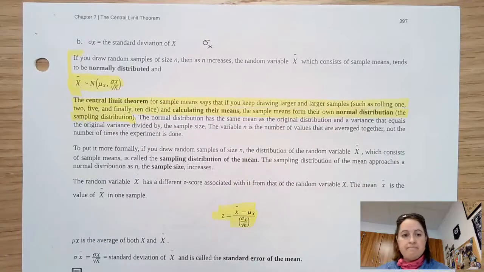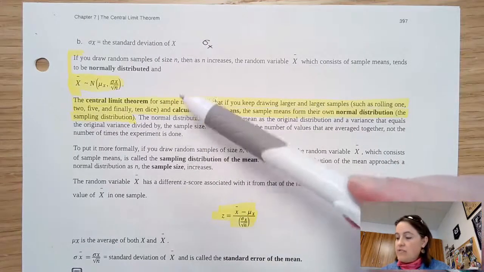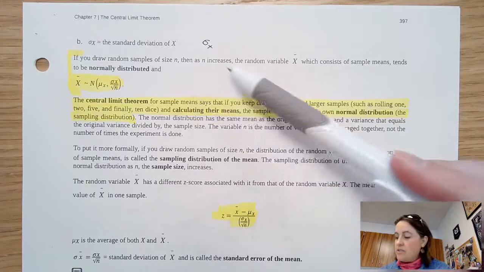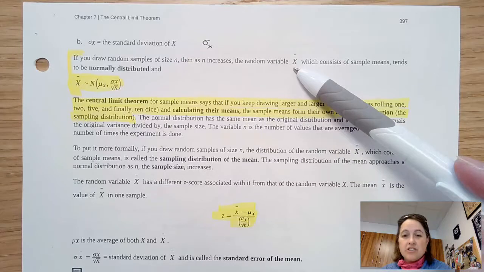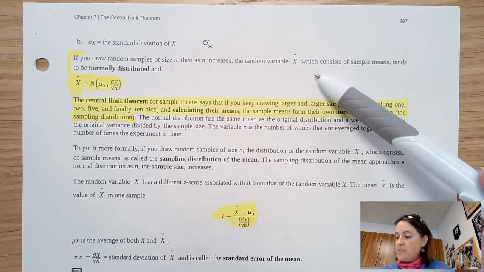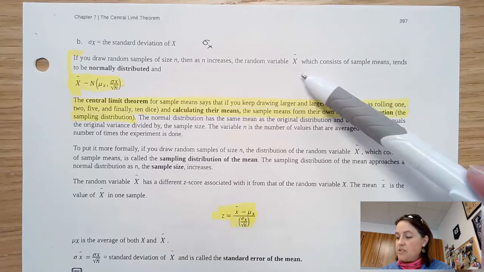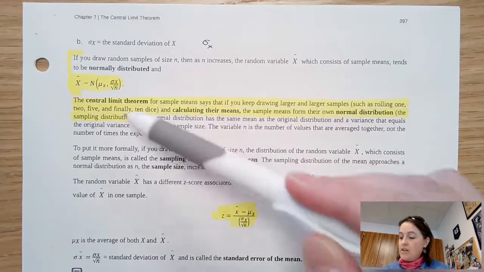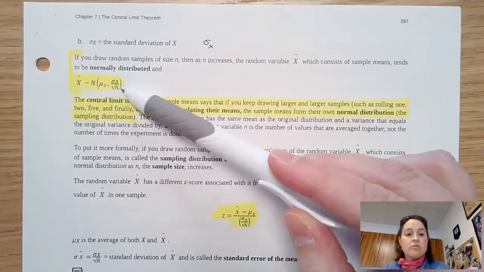If you draw random samples of size n, as n increases, the random variable x bar, so this is not just a sample, this is a sample of means, and that's why it's x bar, is called the sampling distribution of the mean. It tends to follow a normal distribution. This is how we would write out that normal distribution.